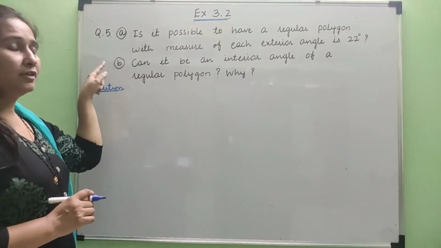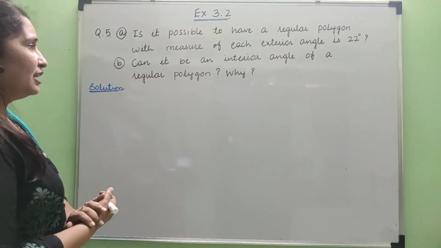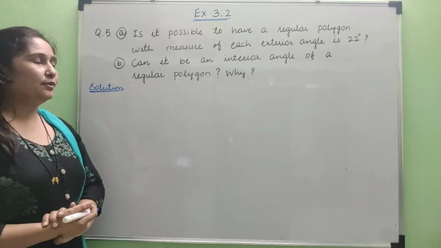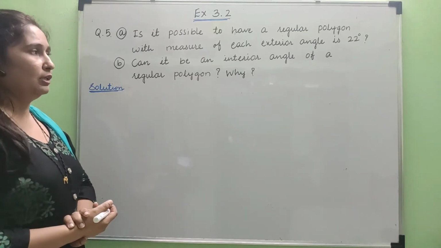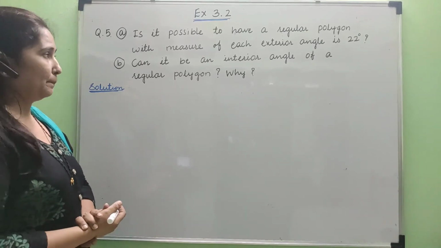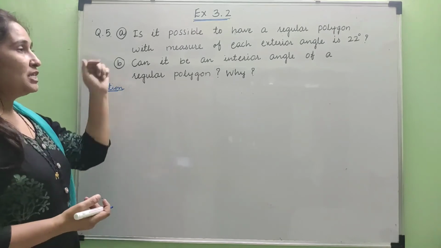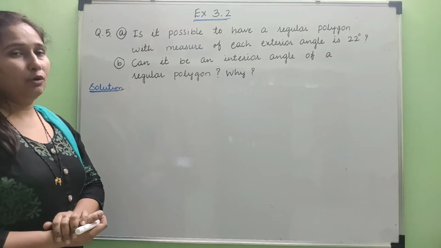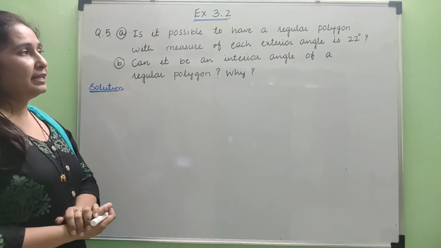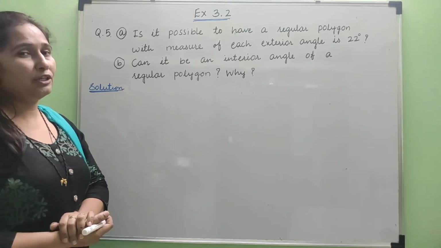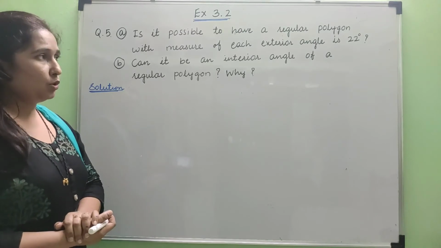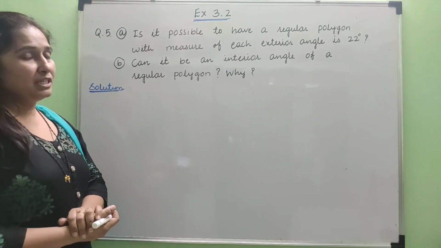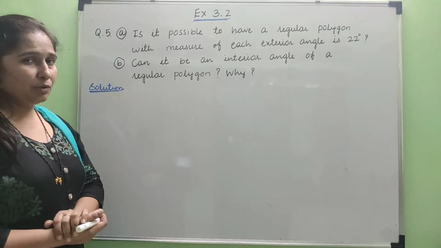Question 5, B question. Can it be an interior angle of a regular polygon and why? So in the first part they have asked whether, for a regular polygon, the exterior angle can be 22 degrees. For the first part it was not possible.